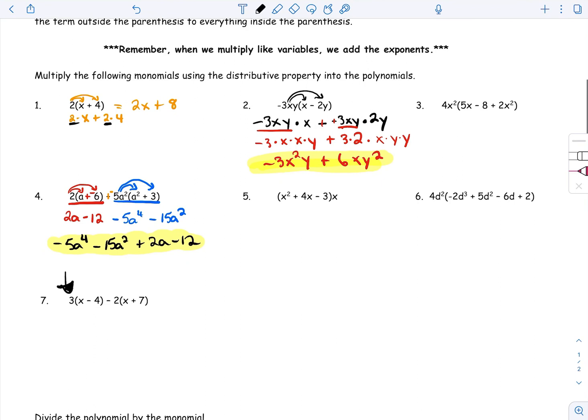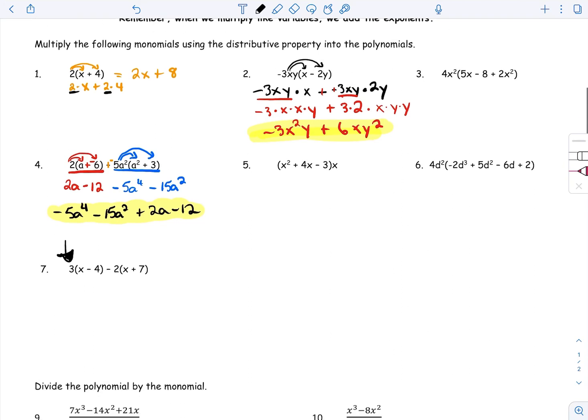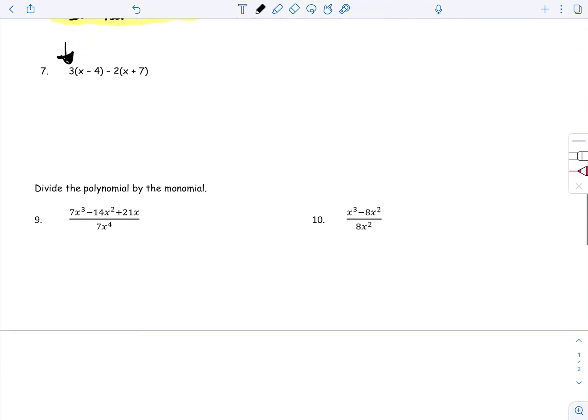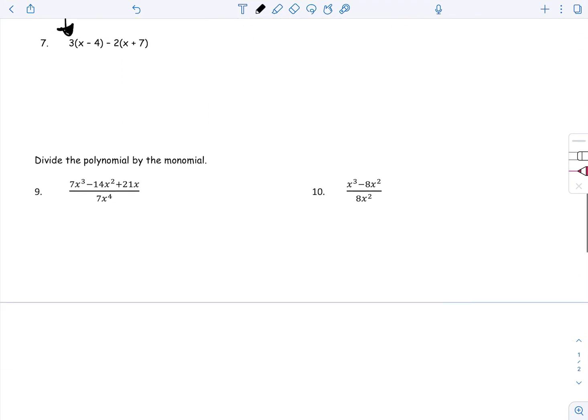All right, and now we're going to get into some practice. The whole division of monomials just has to do with us dividing each term in the numerator by the one term in the denominator.